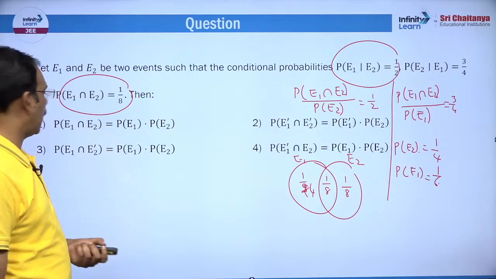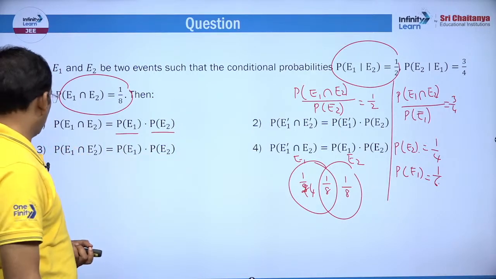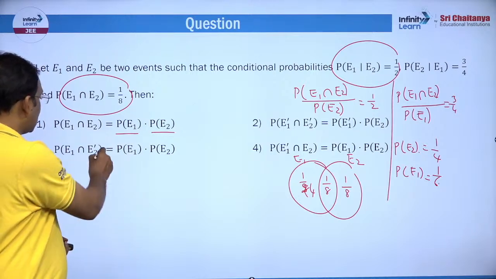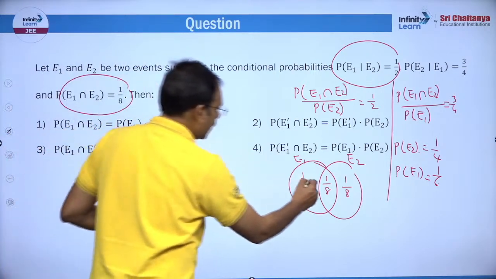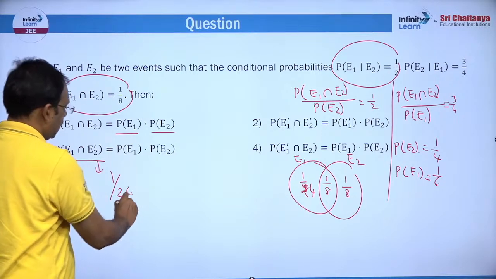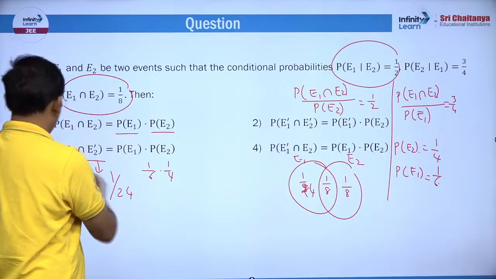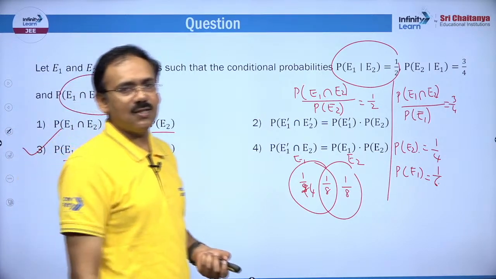Out of all the 4 options, you see this is P of E1 into P of E2. P of E1 intersection E2 dash means E1 but not E2, which is 1 by 24. P of E1 into P of E2 is also 1 by 6 into 1 by 4, perfect, it matches. Option 3 is the right answer.